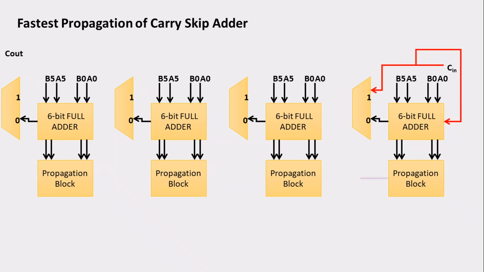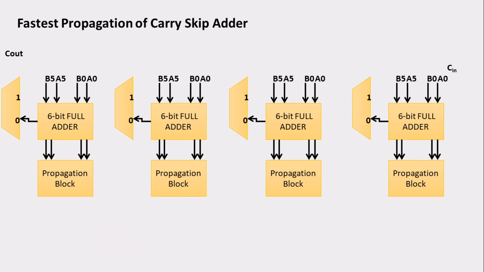Fastest propagation can happen only whenever there is totally no carry generation at all, whenever your inputs A and B are not equal.